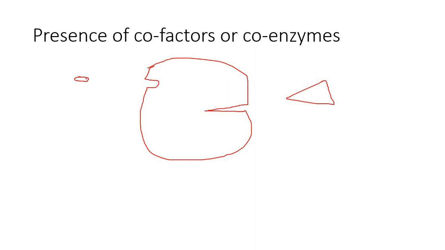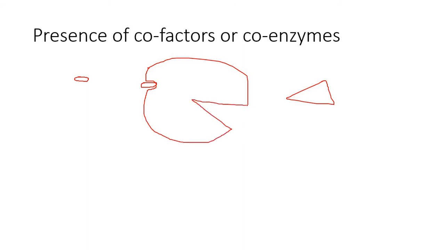Now when this cofactor goes and enters the cofactor binding site, then what happens? The enzyme active site gets opened, or its structure becomes complementary to the structure of the substrate. That means when the cofactor is not bound to the enzyme, the active site structure is not complementary to the substrate. As a result, the enzyme cannot carry out the reaction.